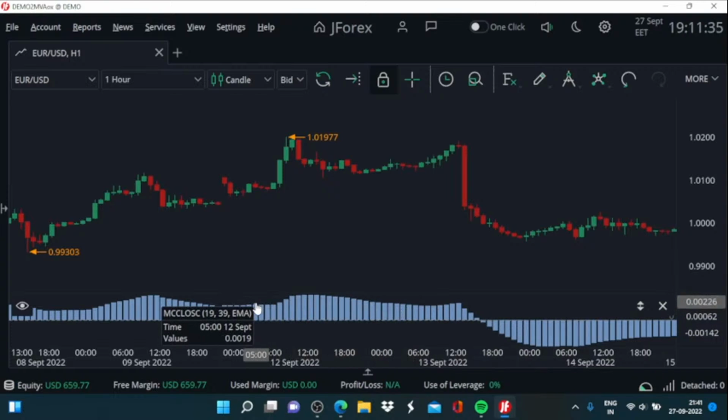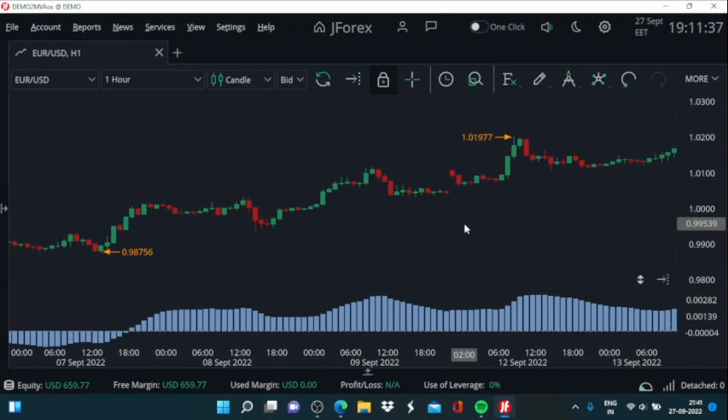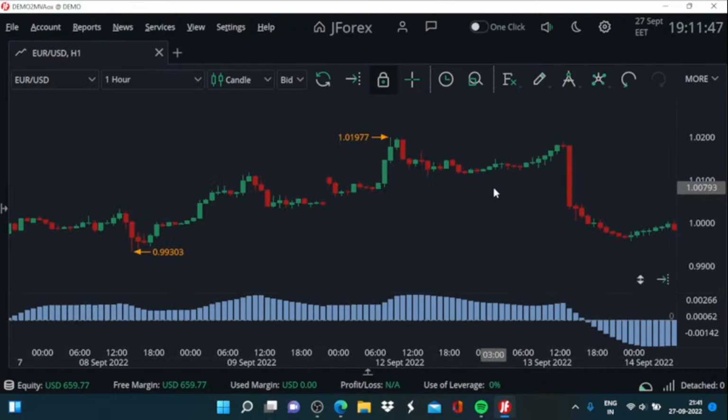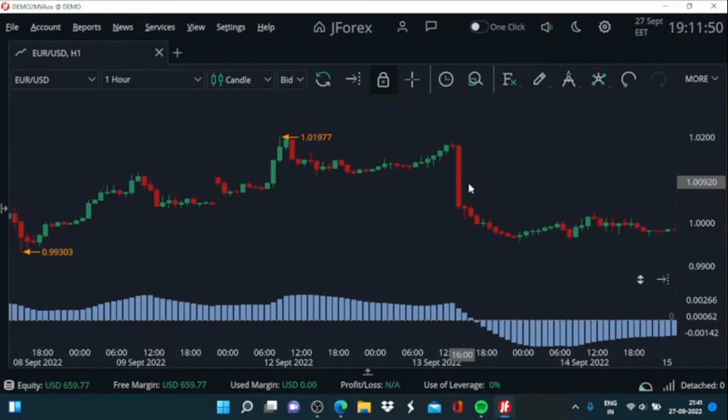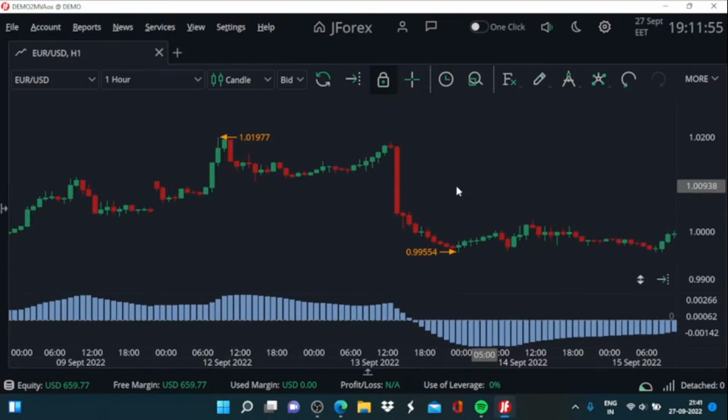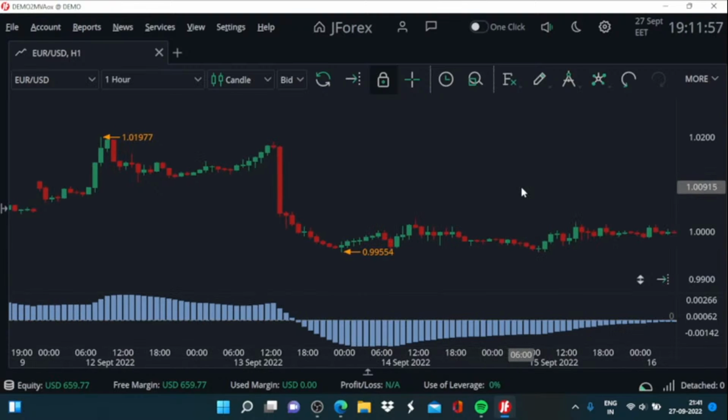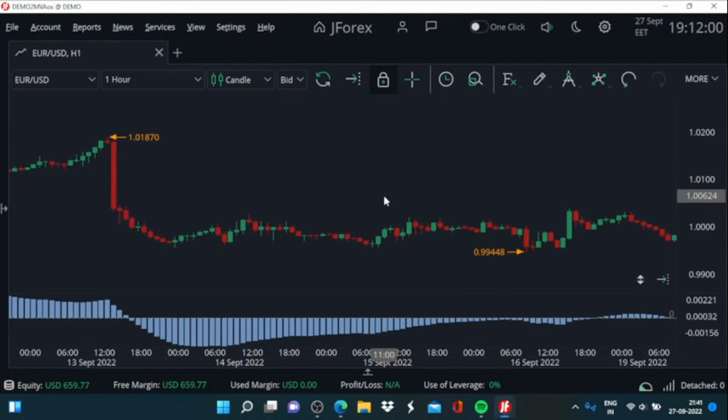When the output is above 0, that means the recent EMA of the difference is on the rise, above the larger period EMA difference, and the recent price moves are on the higher side, so it is better to go for long trades. And if its output value is in negative territory, the recent price moves are lower compared to the larger time frame, so it is better to look for short selling opportunities.